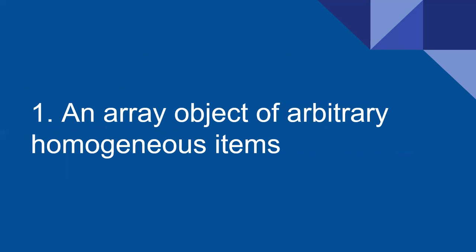What does that mean? It's not like the Python list structure. Array type of objects of arbitrary homogeneous items, meaning that the data type of the array is the same, whether it's float, all of them are float. If it's integer or string, all of them are string. Arbitrary means it's your preference, you can specify a set of, say, odd numbers or a set of even numbers.